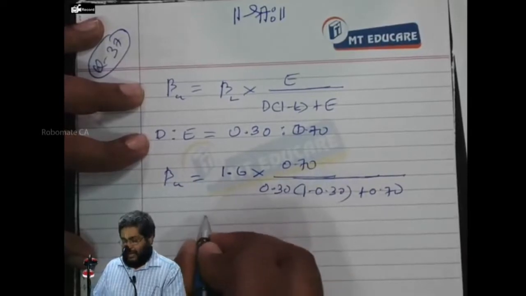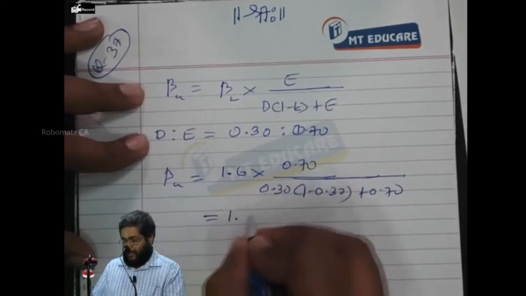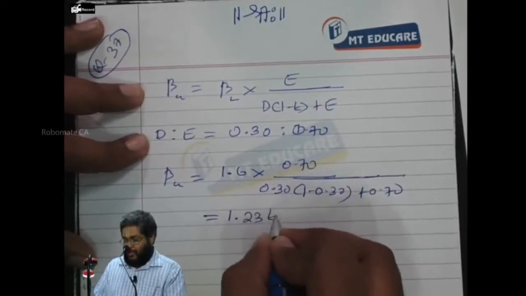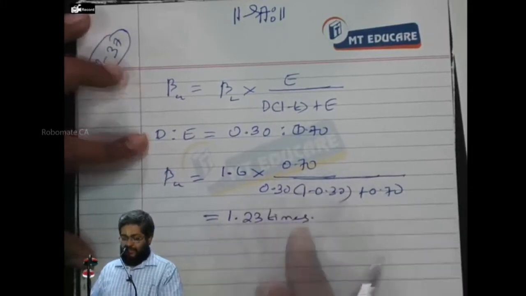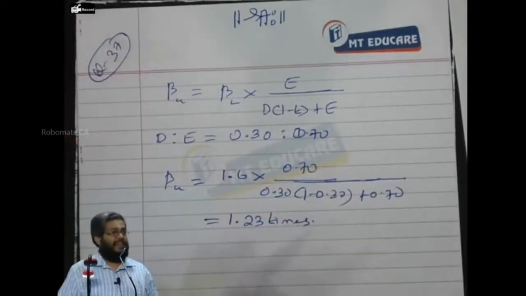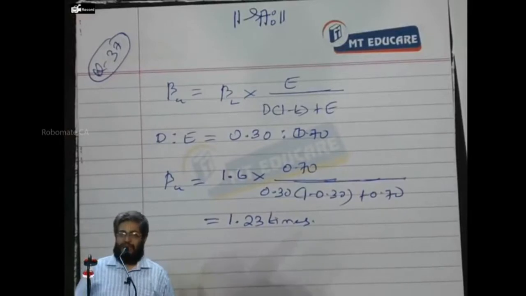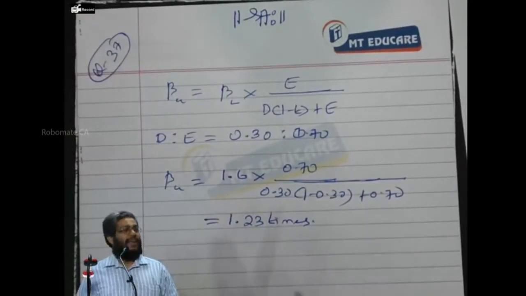Tell me the number I am going to get. 1.23 times is the unlevered beta of the automobile sector. This represents the automobile sector risk. Can I proceed or not?